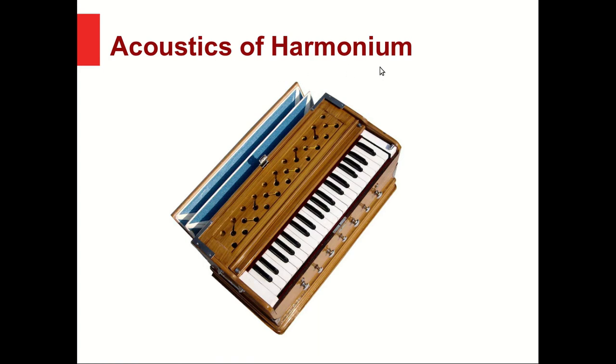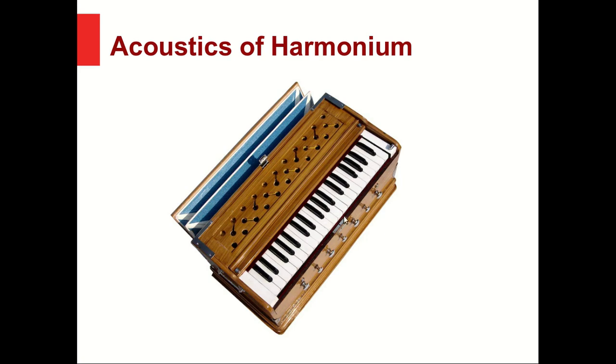The harmonium is supposed to have an Indian origin, but actually it does not. The harmonium is said to have been initially used in Europe. So this is the harmonium that you have already seen. You may think that it is just like a piano, as there are black and white keys, like in a piano.